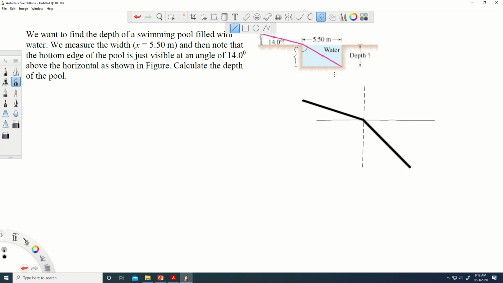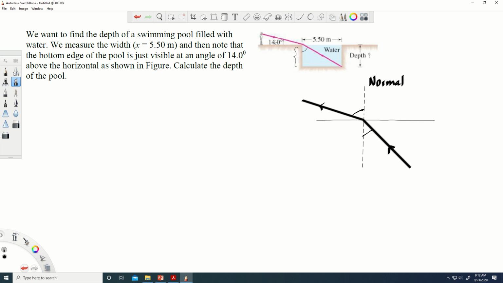Okay. So the light is going from water to air. Now the angle of incidence and angle of refraction are always measured with respect to the normal. That's something you need to always remember. The angle is always measured with respect to the normal.